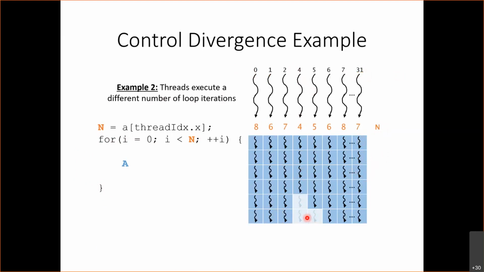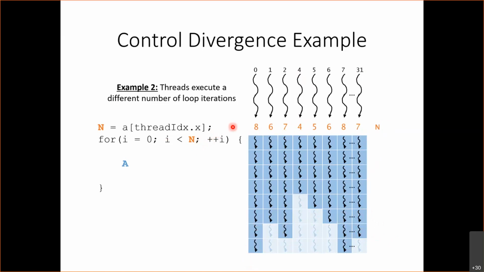However, they can't go and do something else, right? They're bound by these other threads because of SIMD. Later on, some more threads drop out, and then finally some more. If the largest iteration count is 8, then once all 8 iterations are done, all threads can continue together. This can really hurt you if you're not careful.